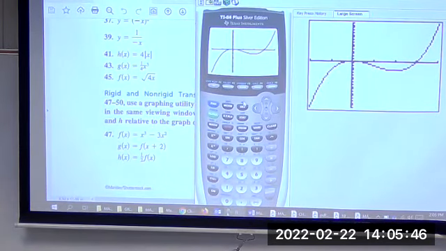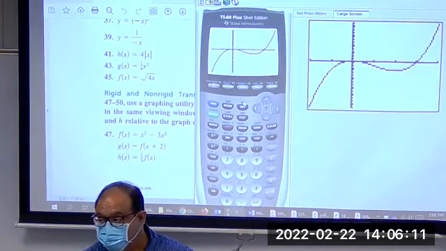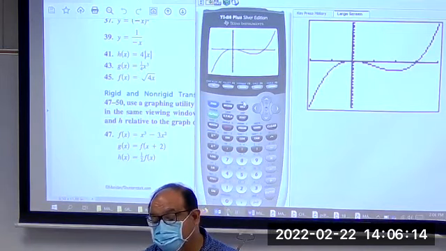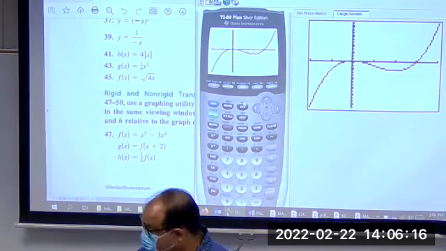You could type in y sub 1 as x to the third minus 3x squared, and for y sub 2 you could just type in parentheses x plus 2 parentheses to the third minus 3 times parentheses x plus 2 squared. You don't actually have to figure out algebraically and simplify.